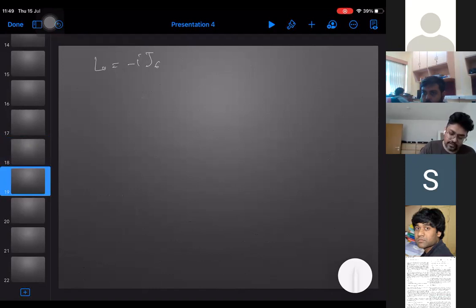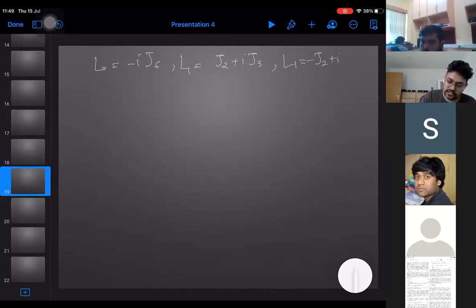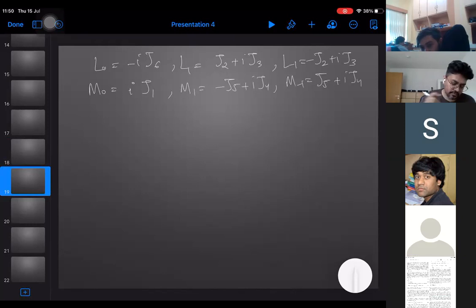So now you can write the generators in a more suggestive form. Just do linear combinations. L minus 1 is minus J2 plus iJ3, and your M0, just define them like this. iJ4.